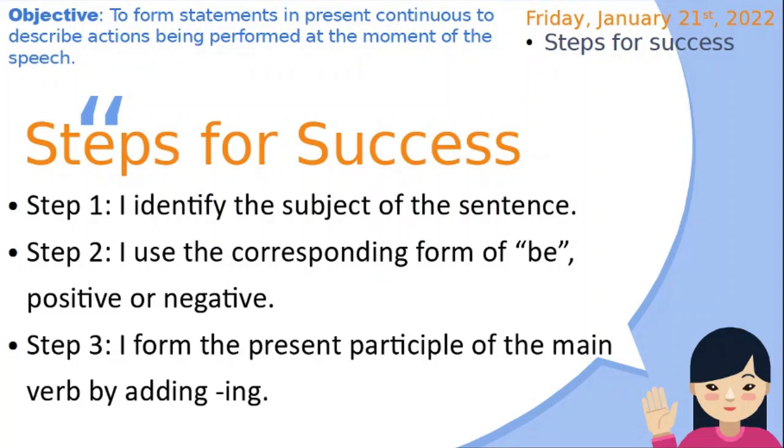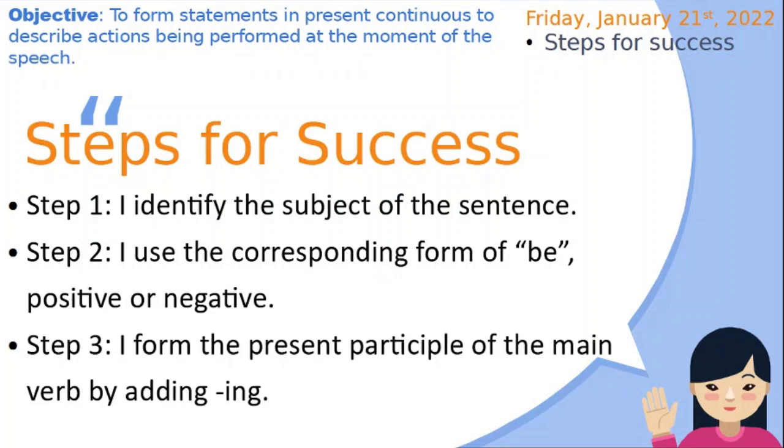I use the corresponding form of be that might be positive or negative. And step 3. I form the present participle of the main verb by adding ing. Let's say this in Spanish for you. Paso 1. Identifico el sujeto de la oración. Una vez que ya tengo identificado el sujeto de la oración, voy al paso 2.